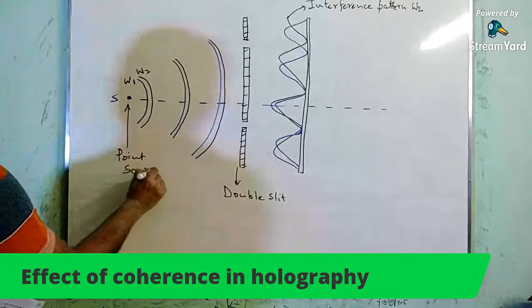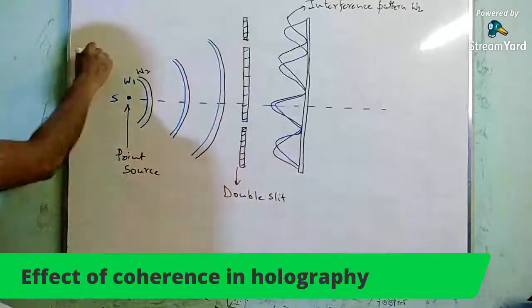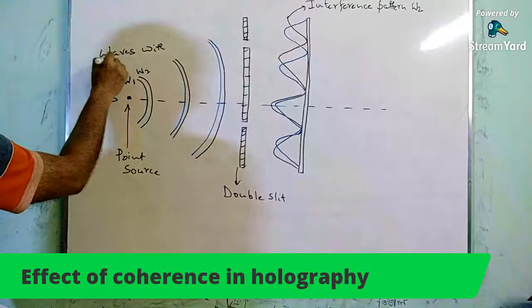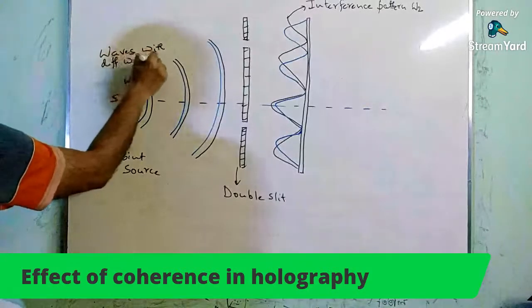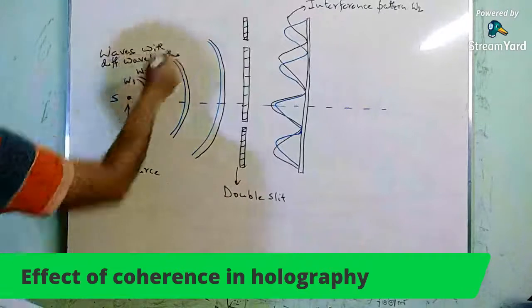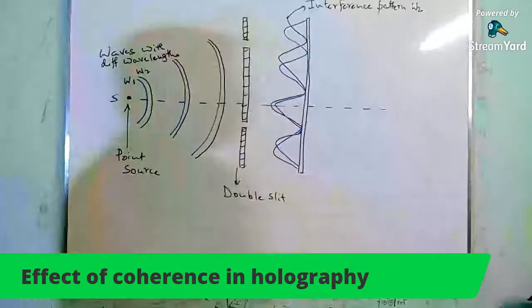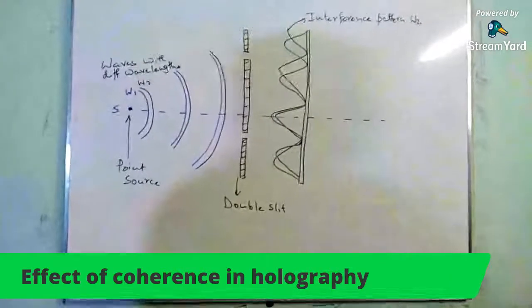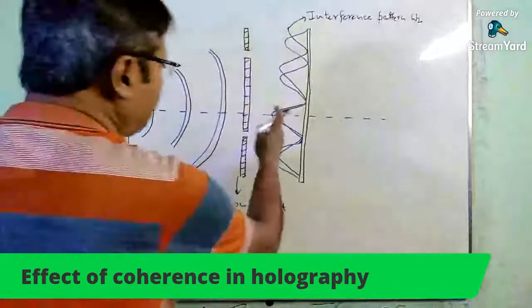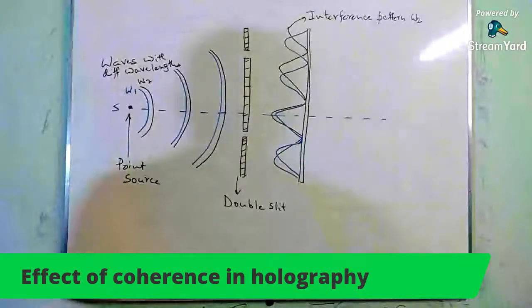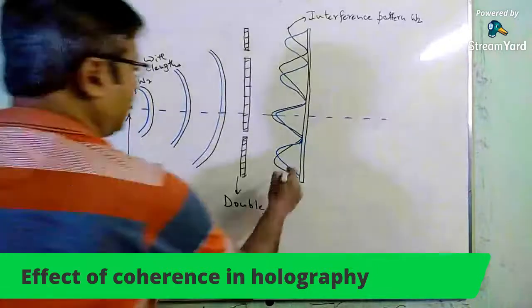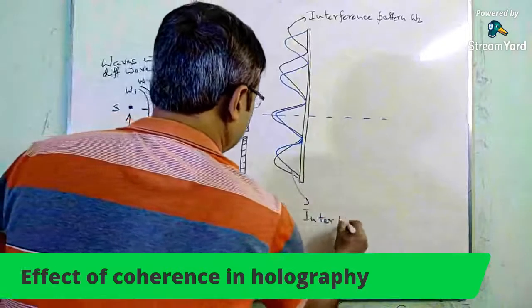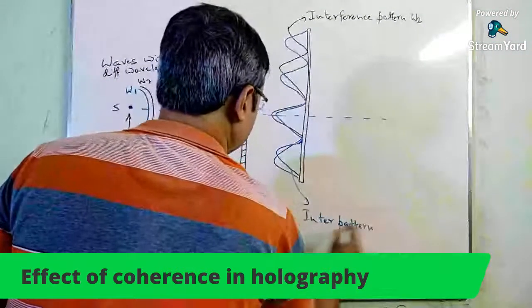And waves with different wavelengths, that is W1 and W2. Here W2 is the longer wavelength and W1 is the shorter wavelength. So now these are the two waves, and this is the interference pattern for W1.